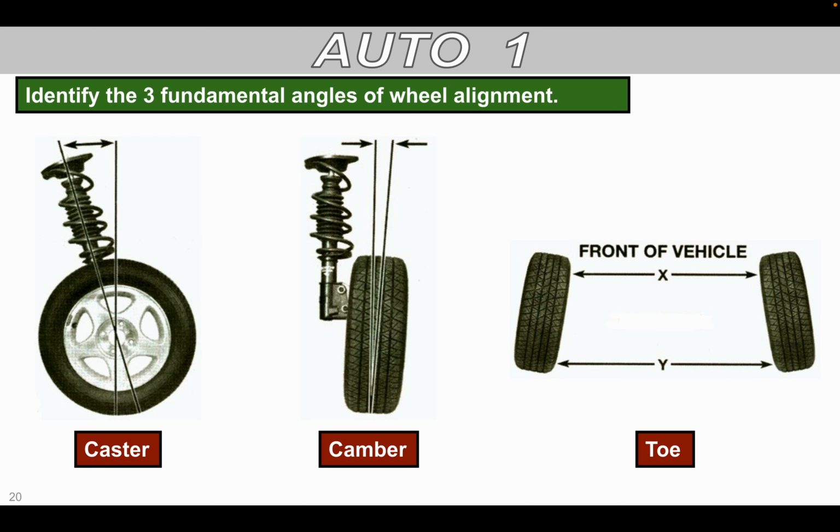So we've got caster, camber, and toe. We're going to go through and individually discuss each one of these, so I'm not going to spend a lot of time on this slide.